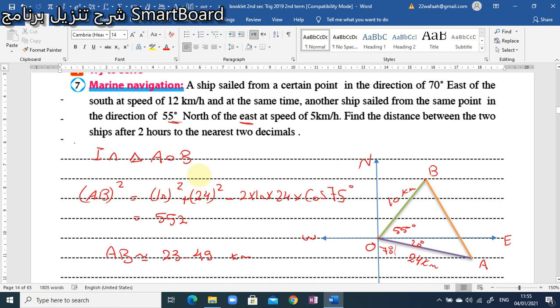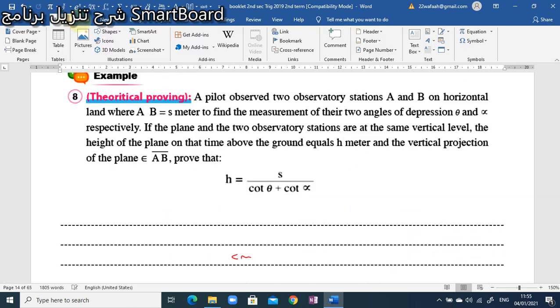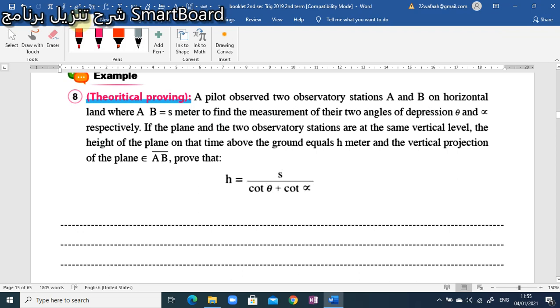Another one. A pilot observed two observatory stations A and B on a horizontal land where AB is S meter, to find the measurement of their two angles of depression theta and alpha respectively.